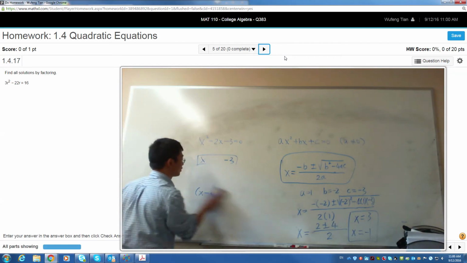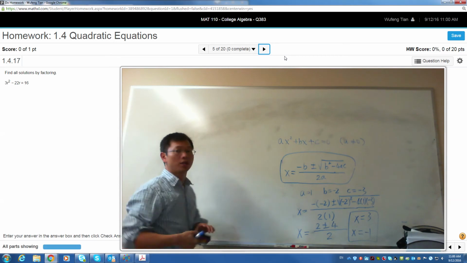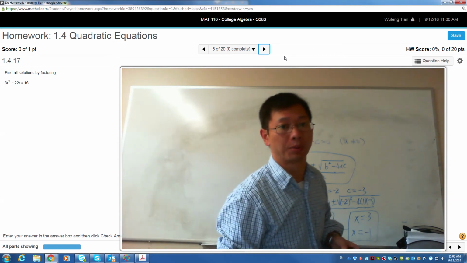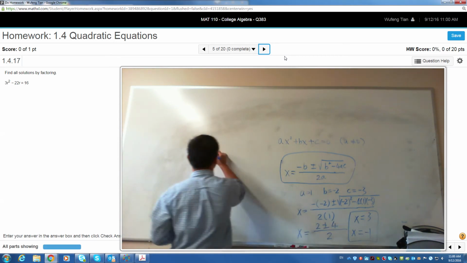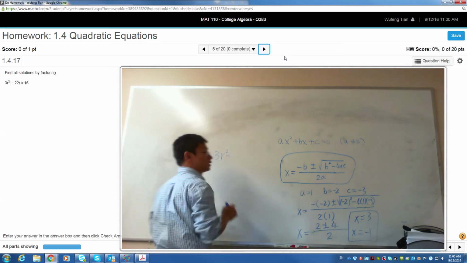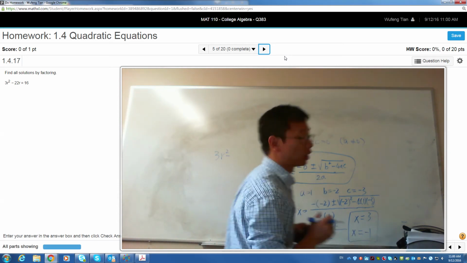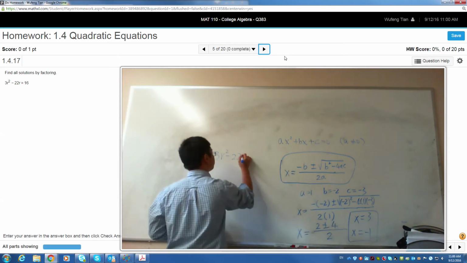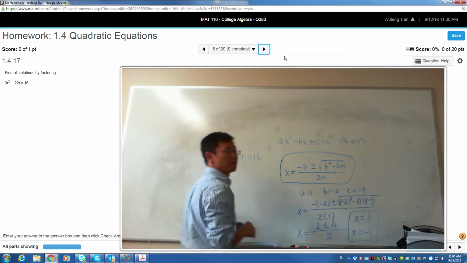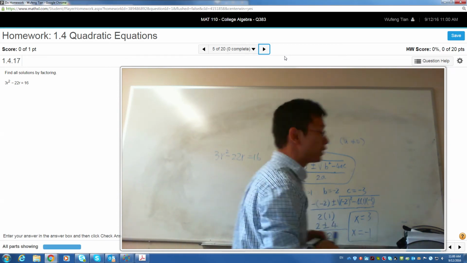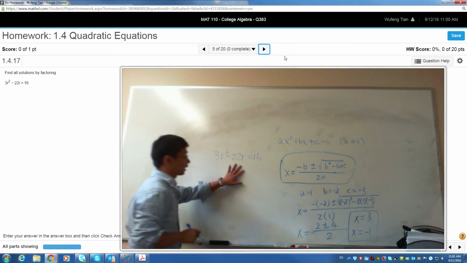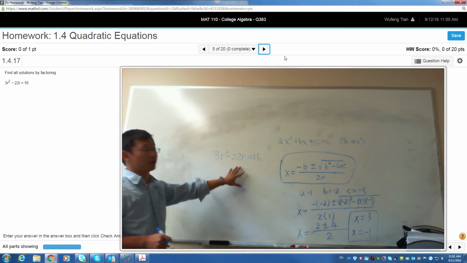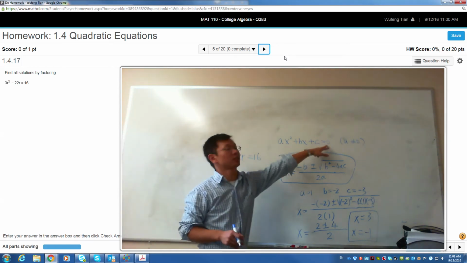Because the equation is not in standard form. What you need to do is change that equation to standard form first. So 3r squared minus 22r equals 16. Okay. So now you have your quadratic equation like this. Is it a standard form? No. The standard form is like this. The right side has to be 0.